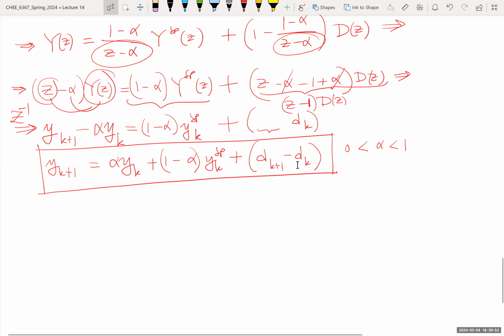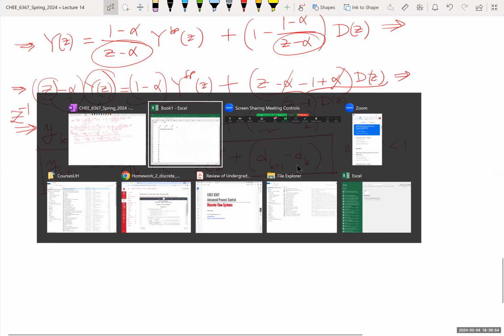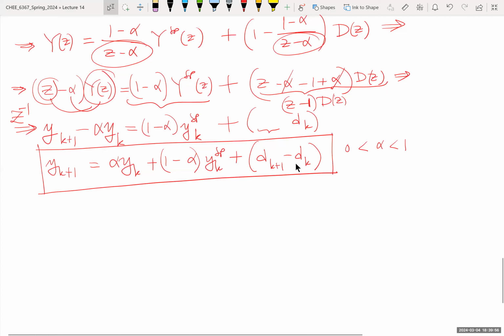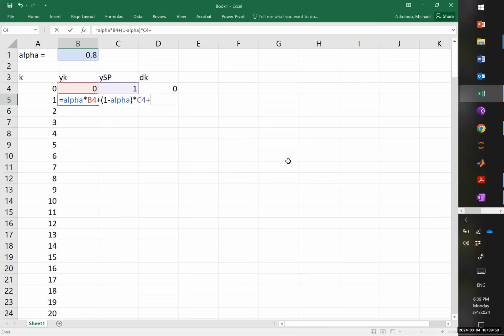I haven't messed up in the algebra, I hope. So it's the current value of the disturbance, which is d5, minus the previous one, which is d4.